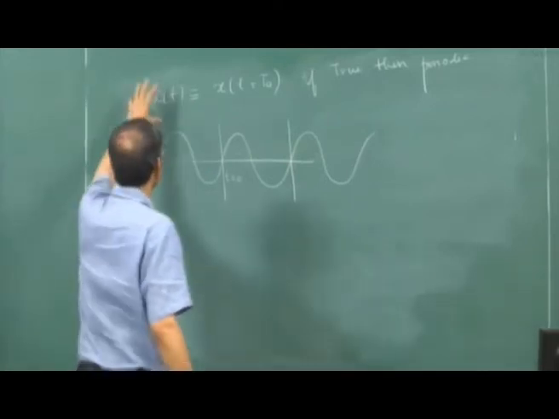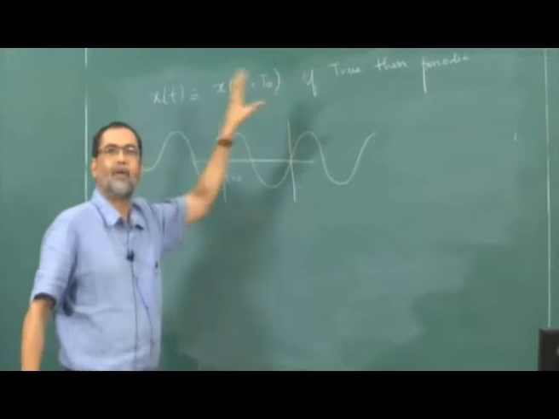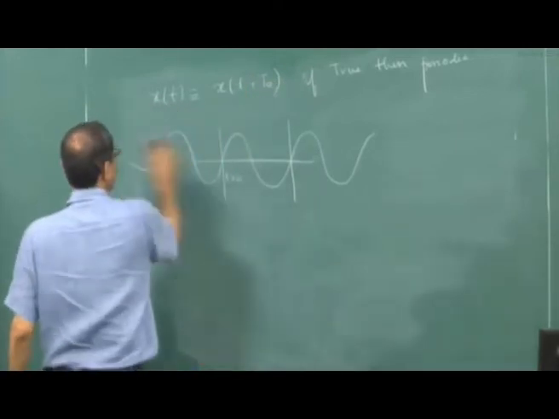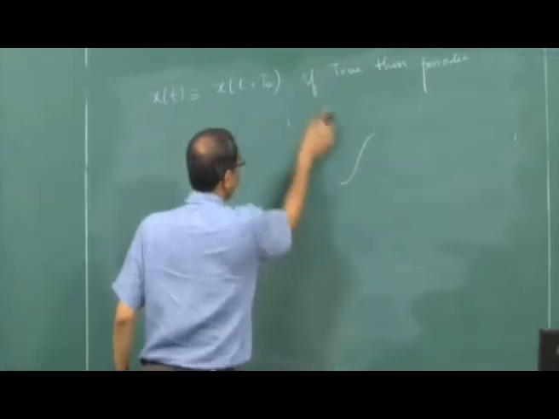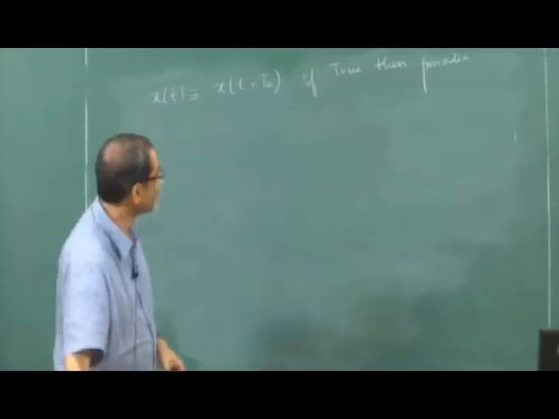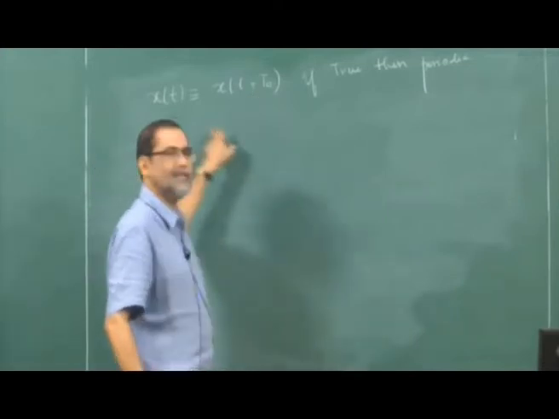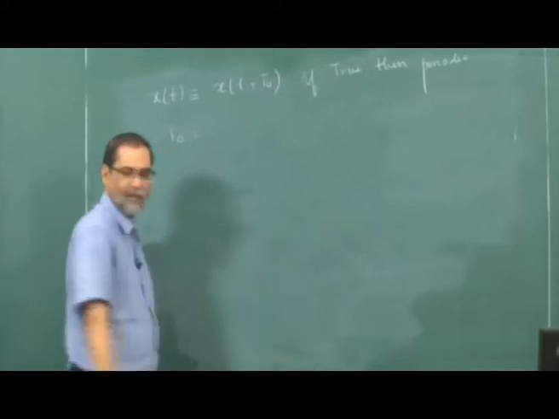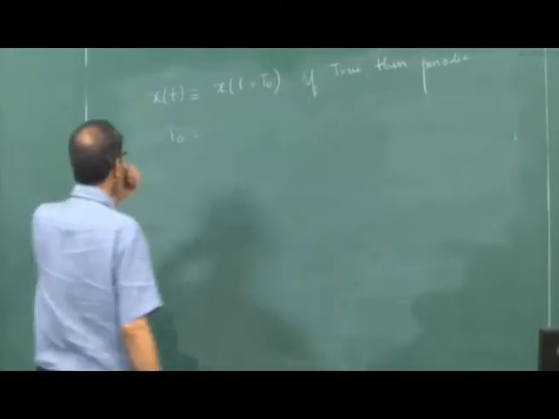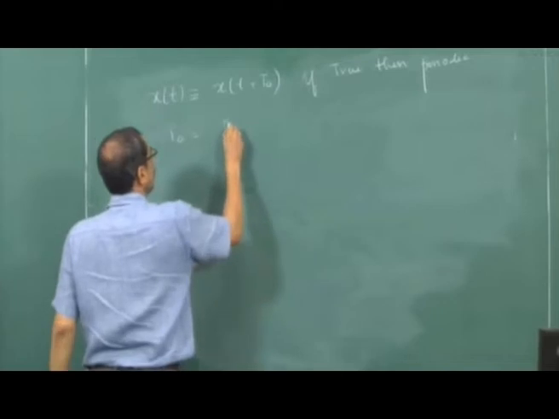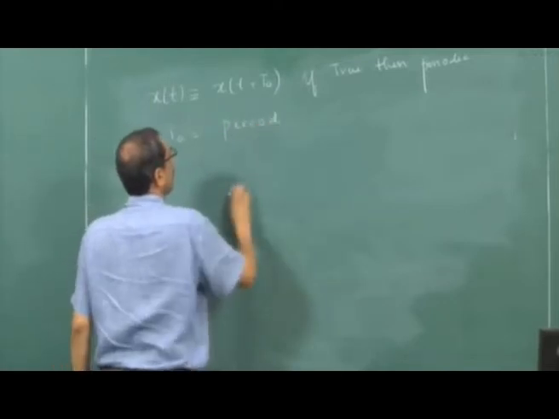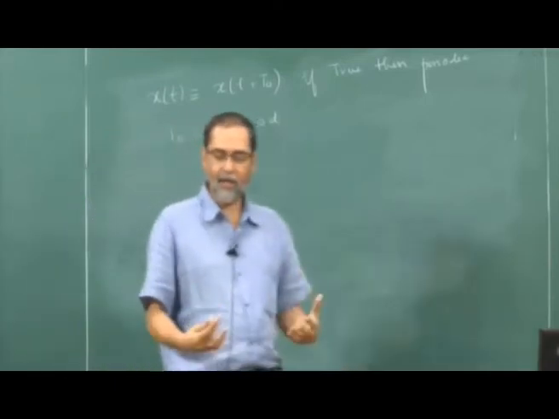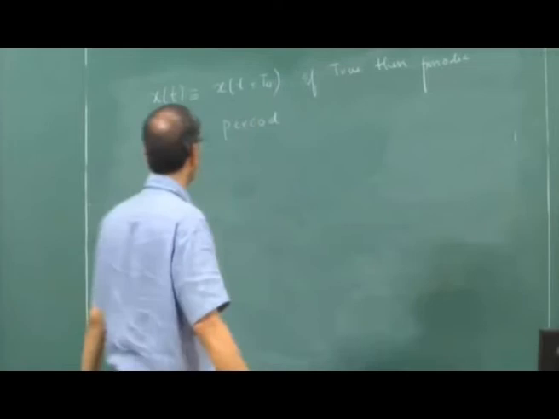This is the fundamental property of periodic signals: it should be identical for some delay or advance T naught. The smallest value of T naught where this holds good is called the period.